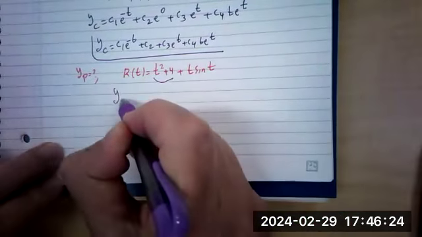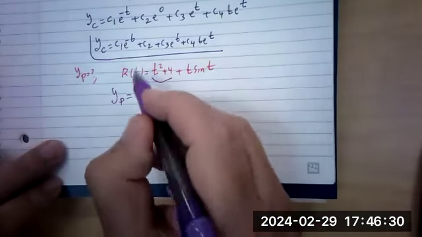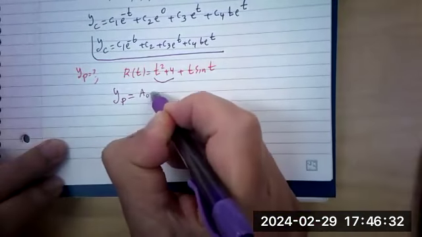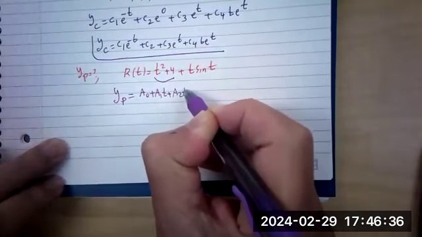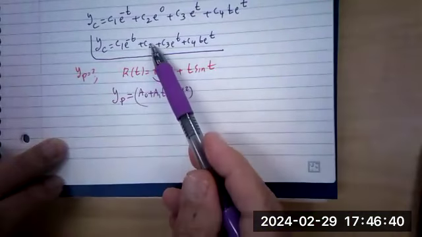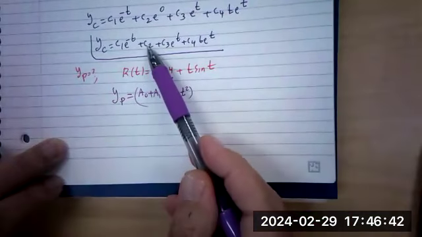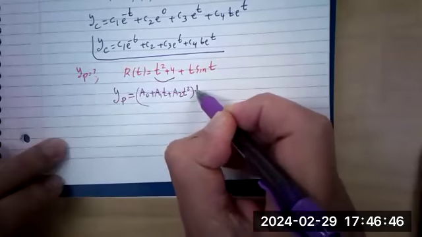The yp would be a quadratic polynomial, something like a0 plus a1 t plus a2 t squared. As you can see, the constant term is here, so we have to upgrade and multiply by t.